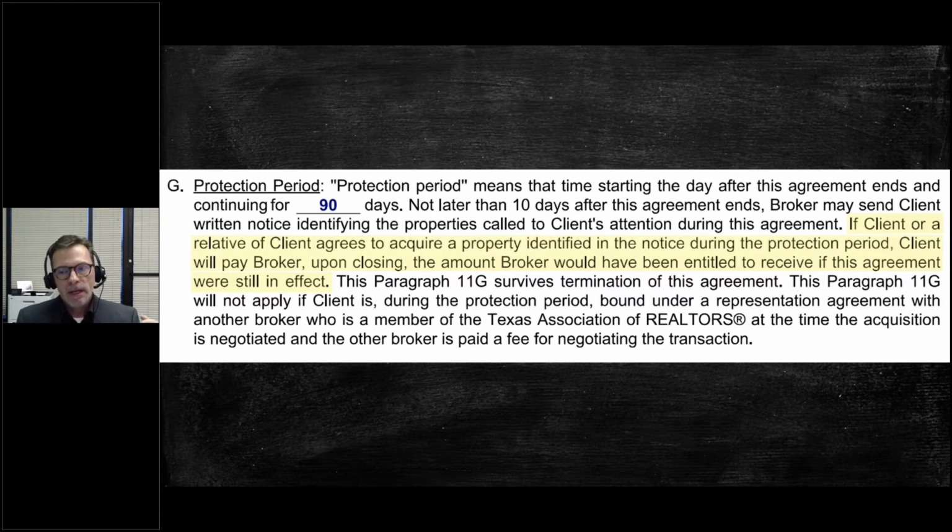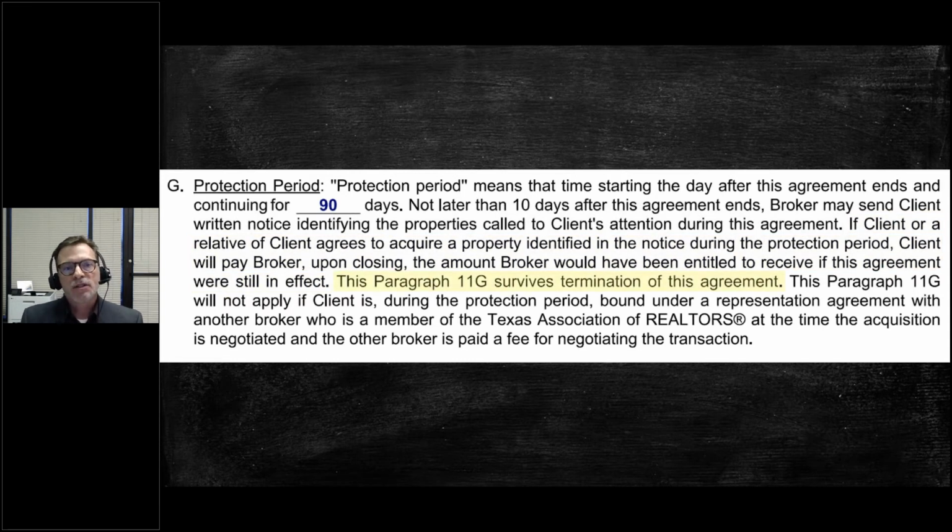If it's during the protection period, if you've sent a written notice identifying all the properties that you called to that client's attention during the agreement, and if the client or any relative of that client acquires a property that was on that list during that time period, then the client has to pay the broker the amount that the broker would have gotten if the agreement were still in effect.